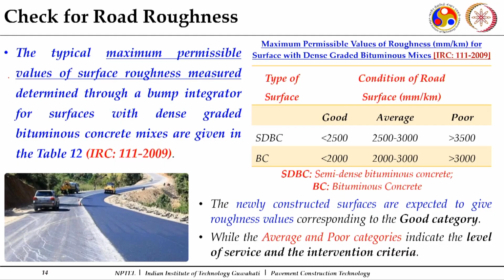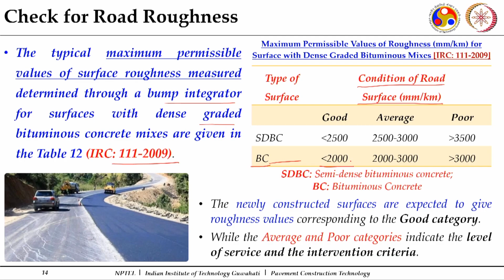The maximum permissible values of surface roughness, determined through a bump integrator, for surfaces with dense graded bituminous mix have been specified as per IRC 111/2009. For a bituminous concrete wearing course, the surface roughness index is in terms of mm per kilometer, that is, how much roughness there is in 1 kilometer of length.